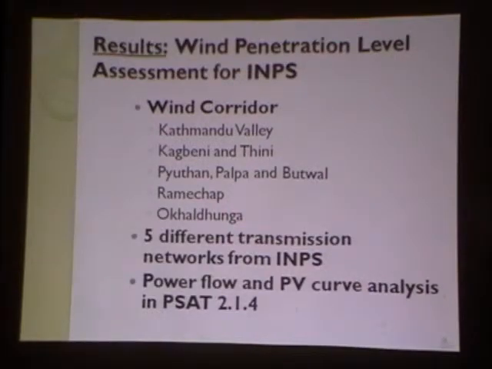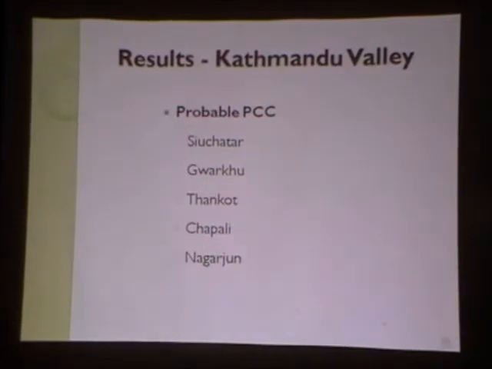Power flow and PV curve analysis was done in that software. For Kathmandu Valley, the probable points of common coupling are the names of existing substations in Kathmandu Valley, which were taken from their physical locations near the wind site around the Kathmandu Valley. These are existing substations.